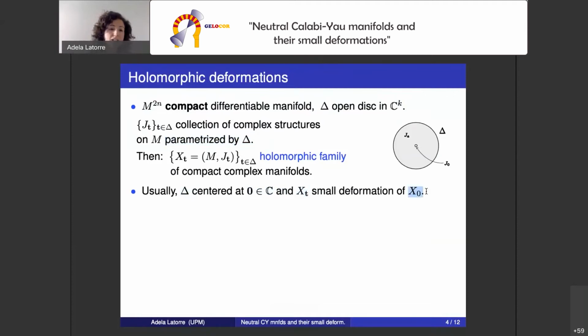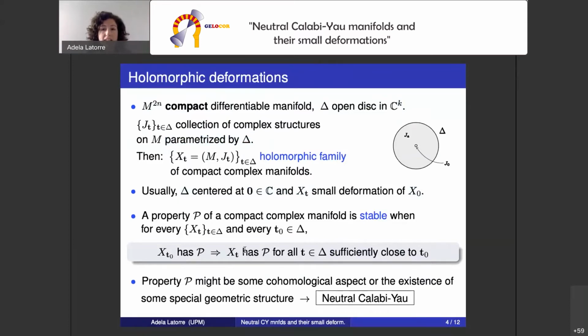Okay, so given a complex manifold which satisfies a certain property, which might be either the existence of some metric or some cohomological aspect of it, we say that the property is stable when we consider a small deformation, and when one point here in our disk satisfies this property, then any nearby complex structure also satisfies the same property.